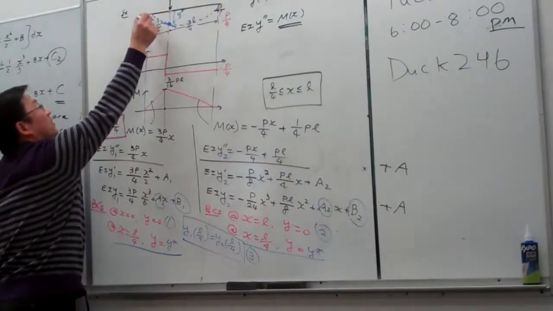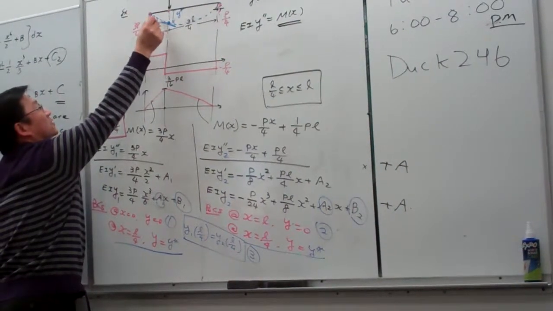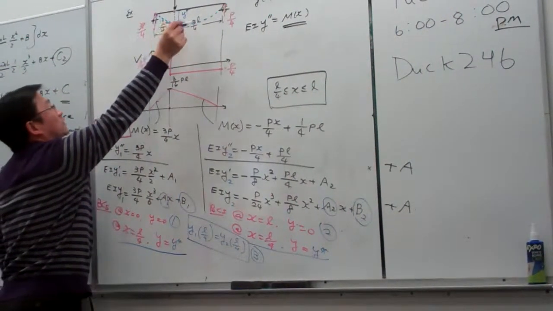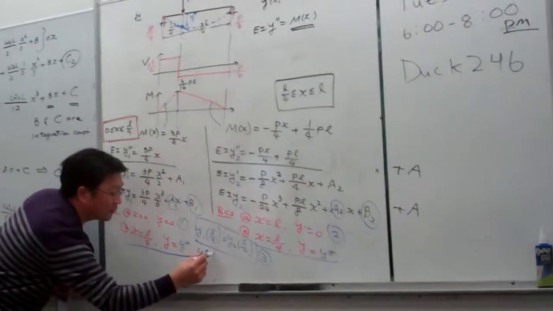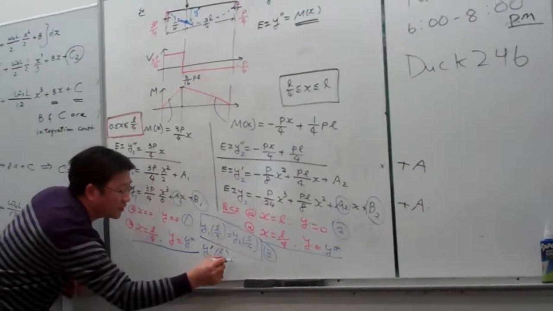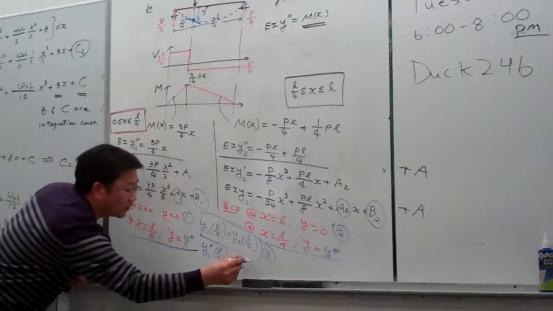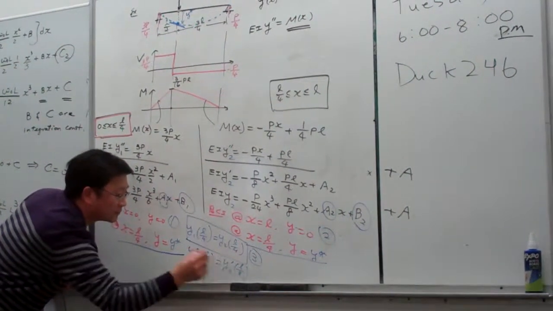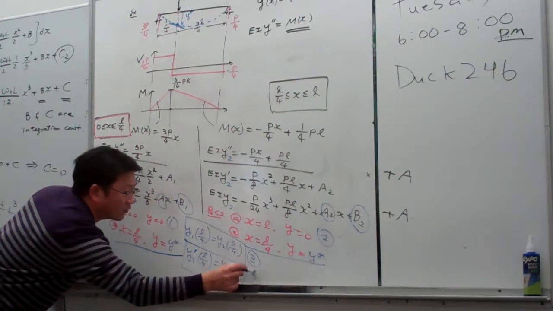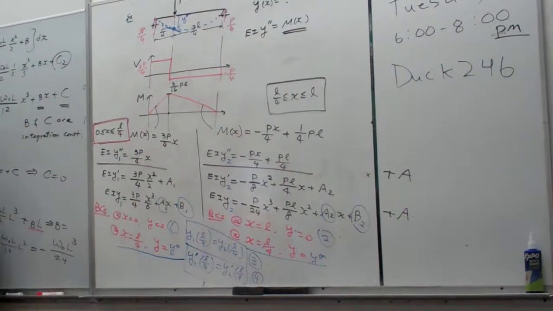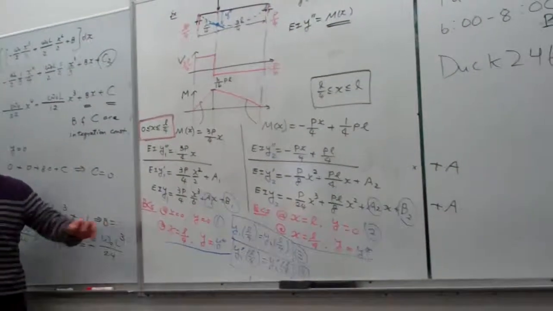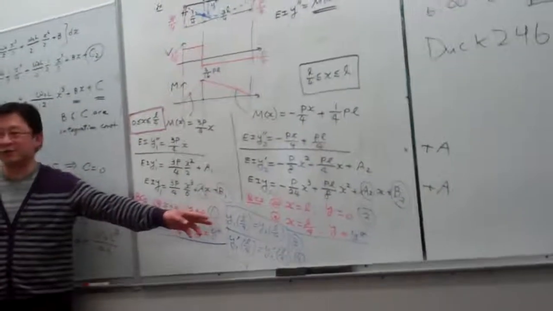You can see the curve, they meet here, the slope of y1 must be equal to the slope of y2. So that means y1 prime at L over 4 equals y2 prime at L over 4. Sorry, it's too low, but this is equation 4. Are we okay? So coming back on Friday, let us finish this one. That is the 4th condition.